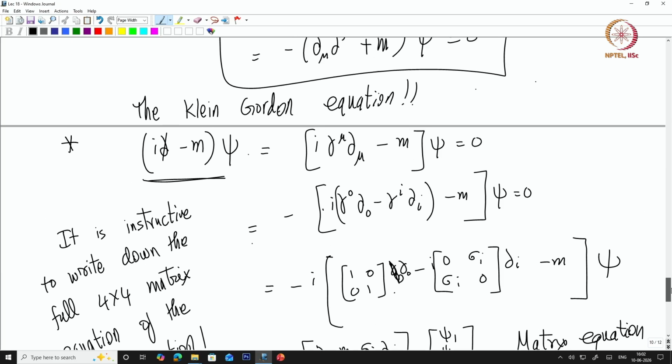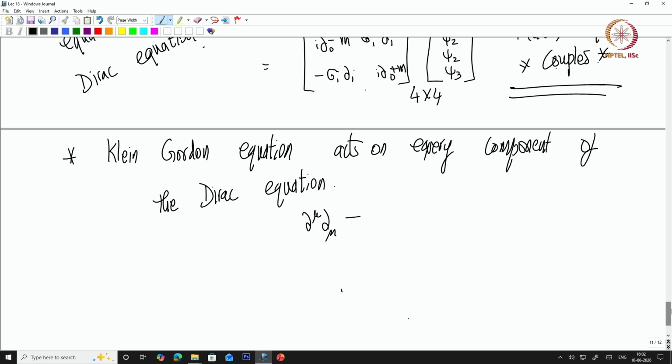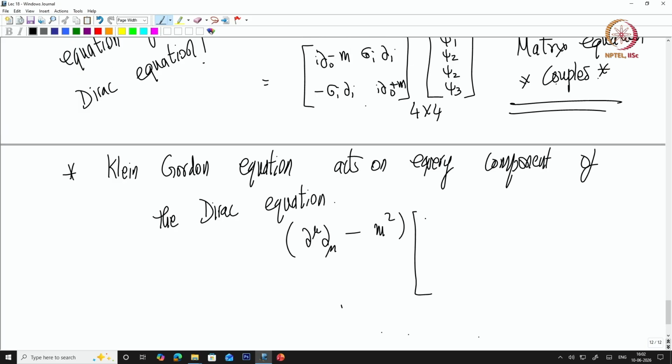So, del square plus m square acts on all of these components psi 1, psi 2, psi 3, psi 4 is equal to 0. So, every component of the Dirac equation satisfies the Klein-Gordon equation. This is the important thing.